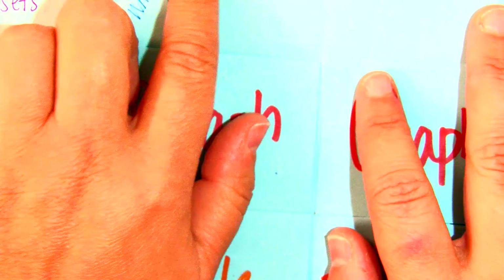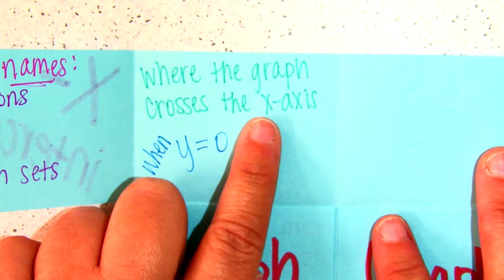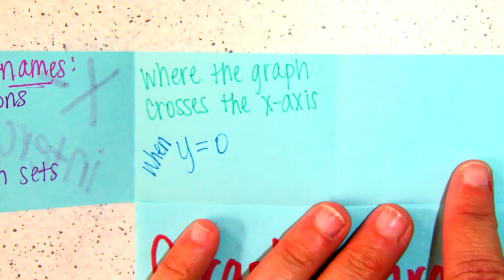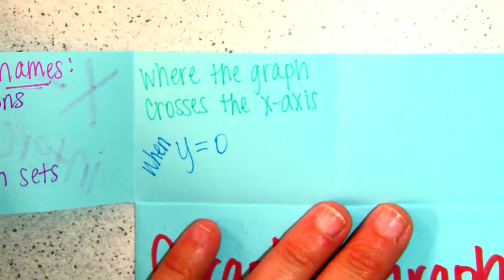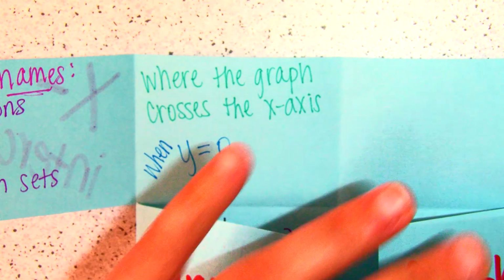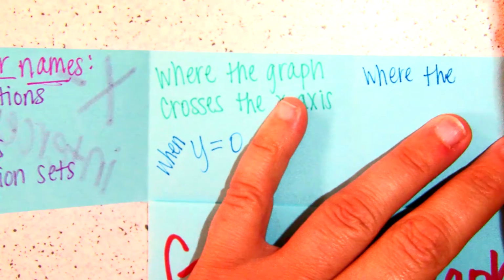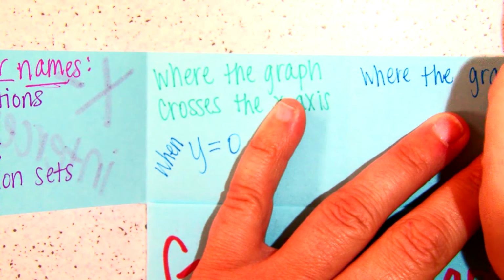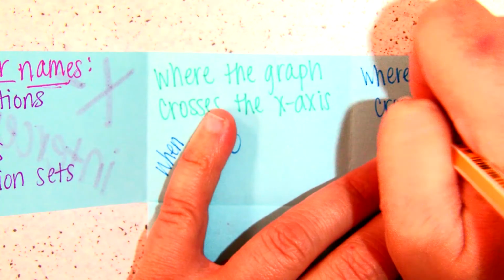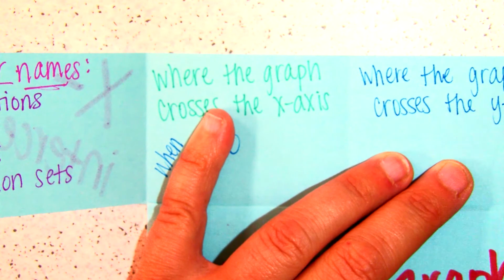So if the x-intercept is where the graph crosses the x-axis, the y-intercept is going to be, you guessed it, where the graph crosses the y-axis.